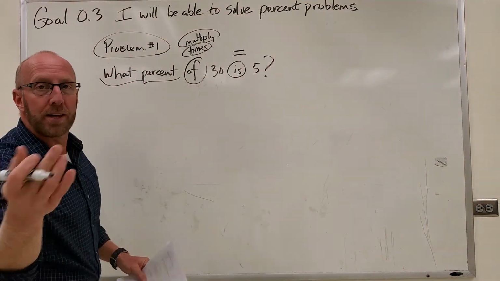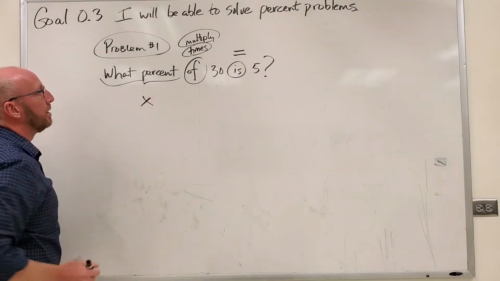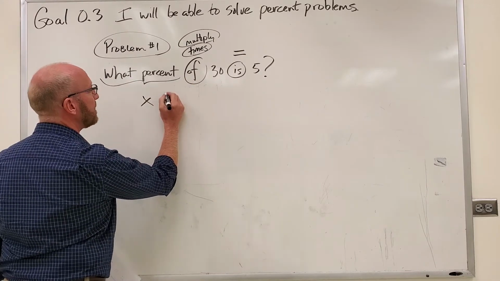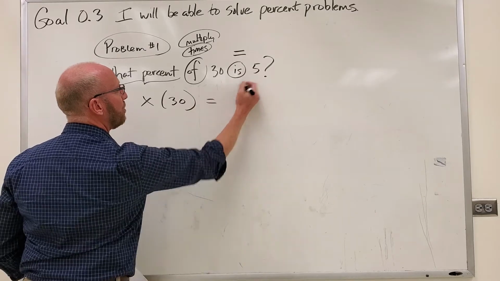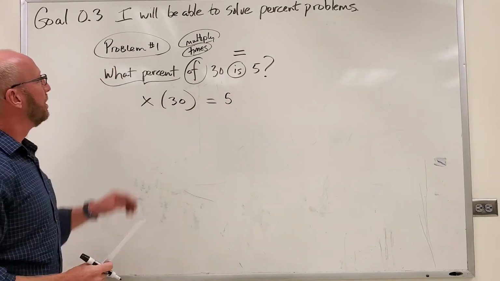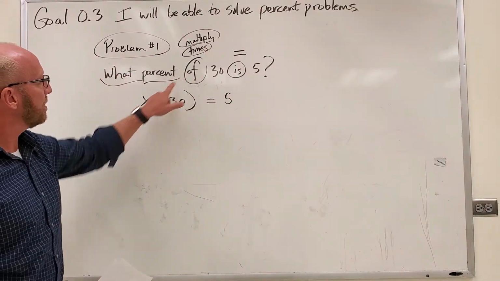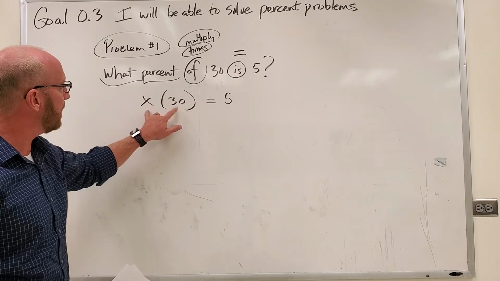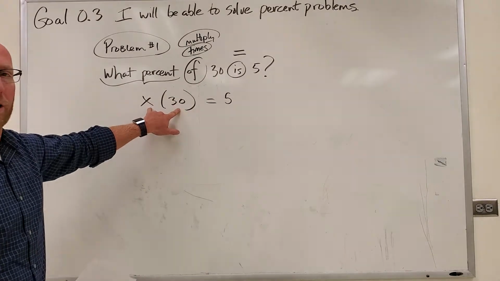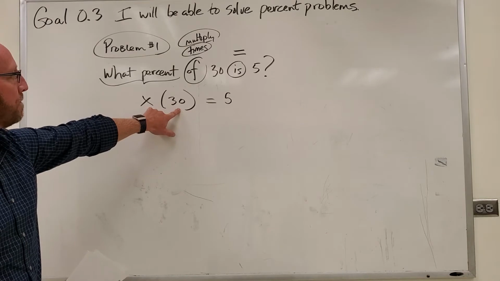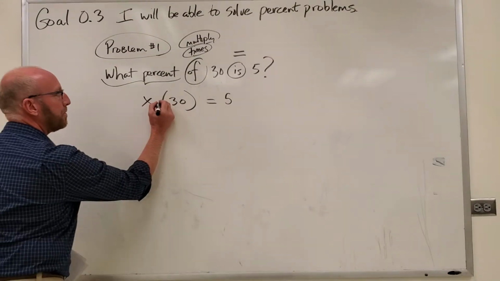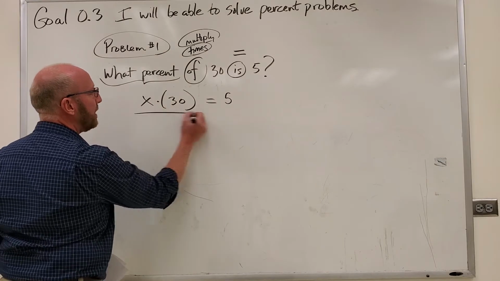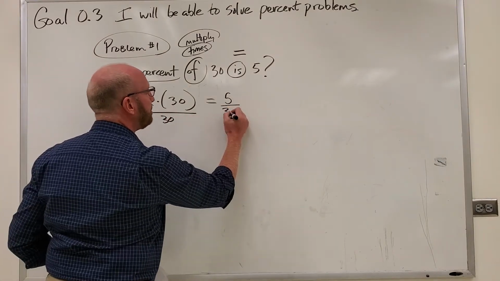I don't know what percent, so I'm going to put the letter X. Of means times, 30, is means equals 5. What percent is X times 30? X times 30. Or I could write that 30X. So if I solve this for X, what's the opposite of multiplying by 30? The opposite of multiplying by 30 is to divide by 30.